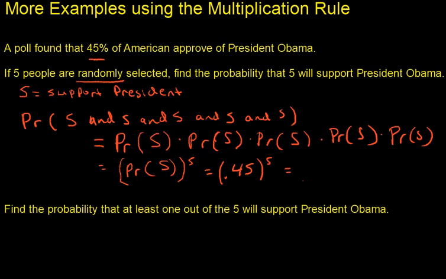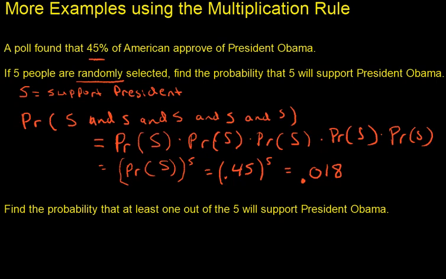So that would be 0.018. So if you got a random sample of 5 people, the probability that all 5 will support the president is 0.018, which is rather small, even though the probability that one person would support the president is 0.45. The probability that all 5 would support the president is much smaller, 0.018.